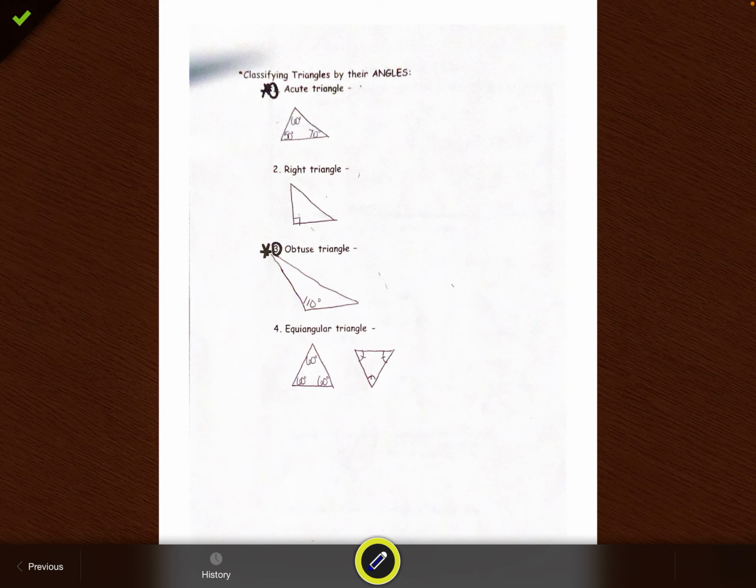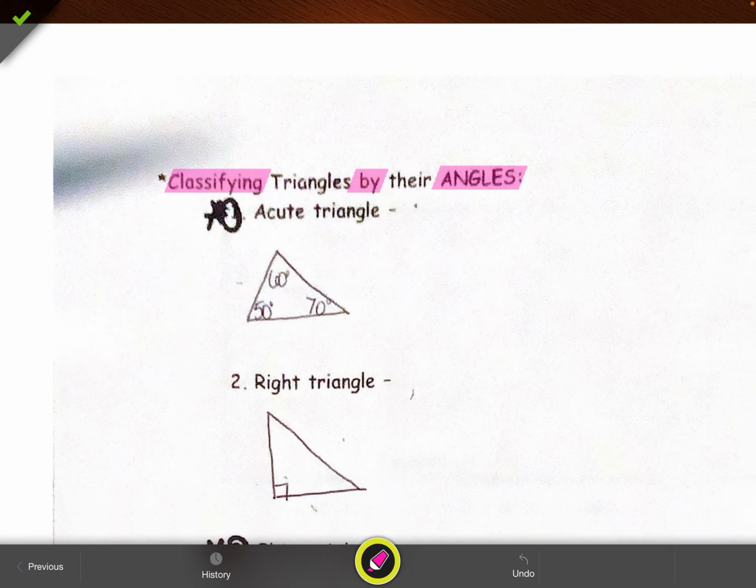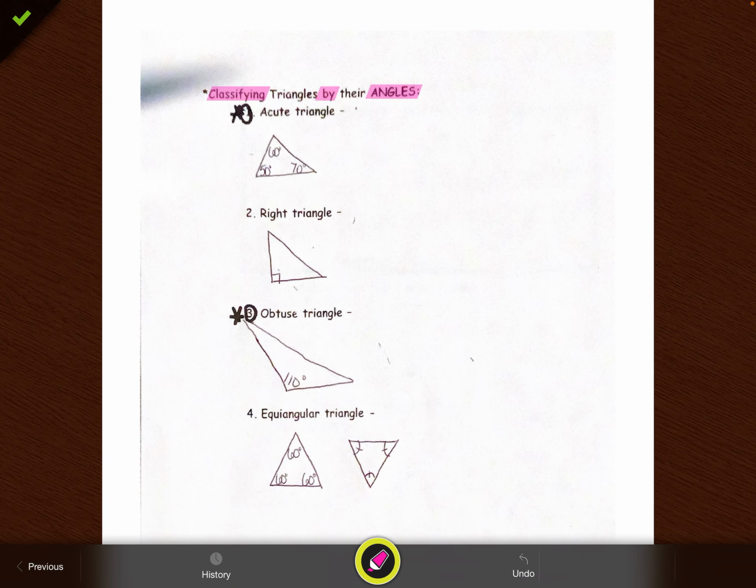Now, the other way we can classify triangles is by looking at their angles. So, we can also classify by their angle measurements. Now, if you look down this list, there are 4 different specifications.